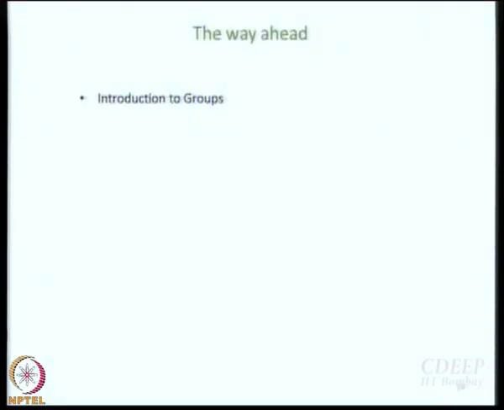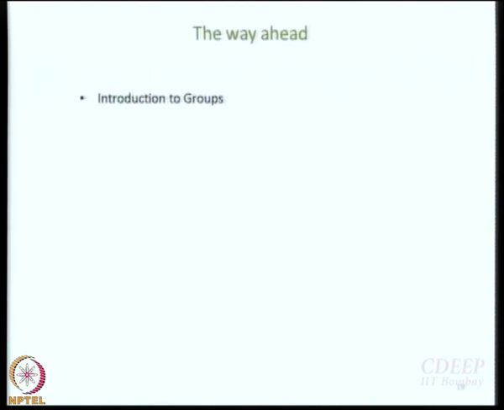So, the plan of the thing, first of all, I am sure many of us know what groups are, but I am also sure that many of us are rusty on this, okay. But then if I say that I do not learn anything, nobody will tell me anything. So, let us try to learn this together, okay, learn, recapitulate, whatever. So, first let us introduce ourselves to what are groups.